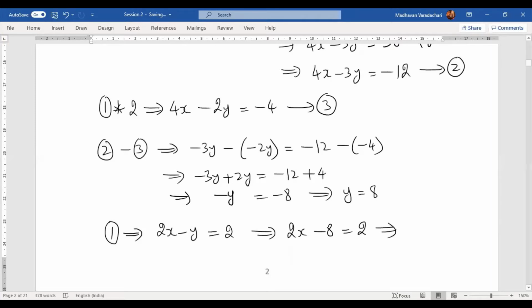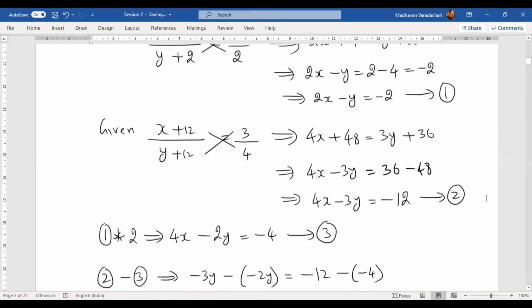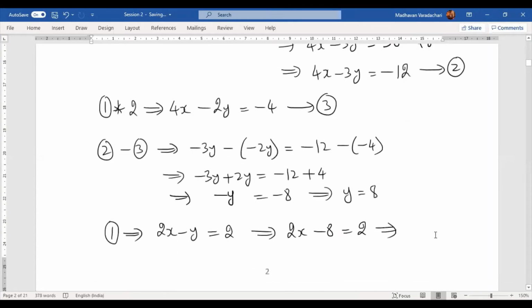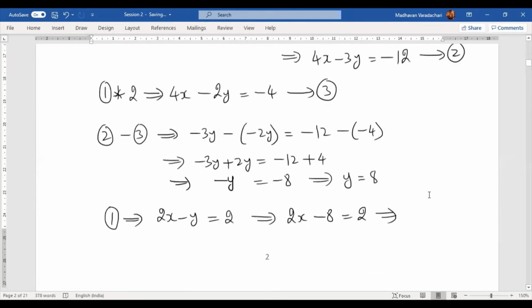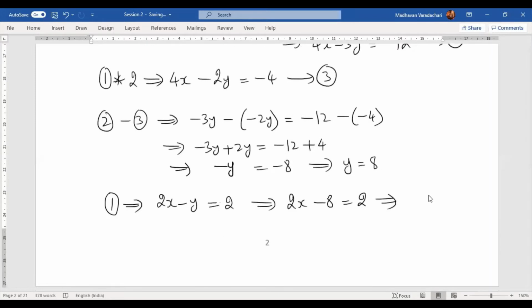Is that correctly written or not? 2x minus y equal to minus 2. Right, here it is minus 2.